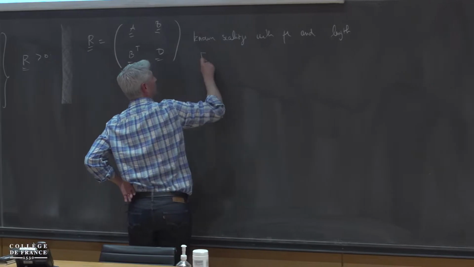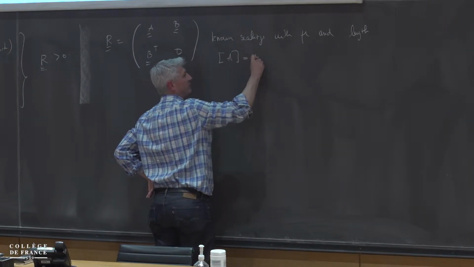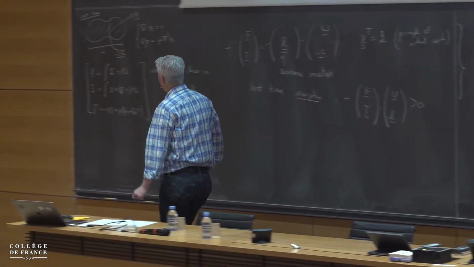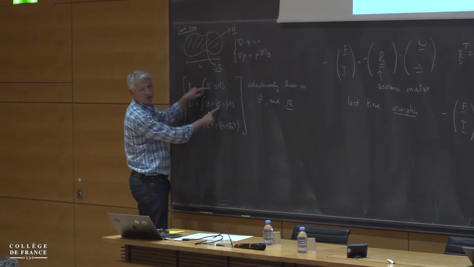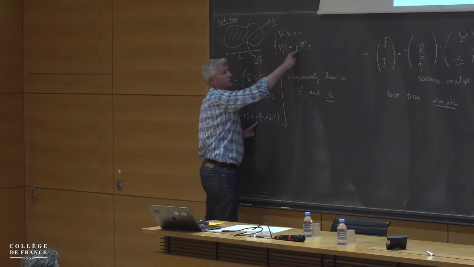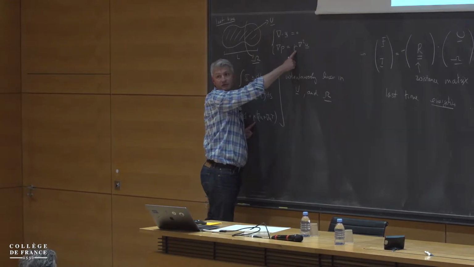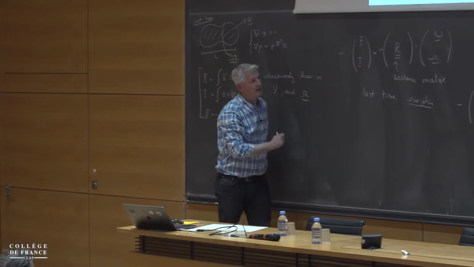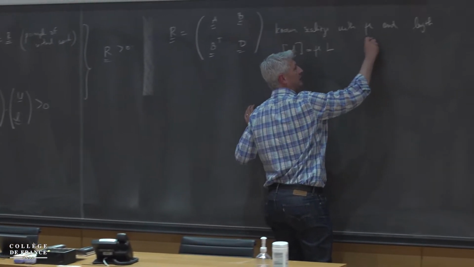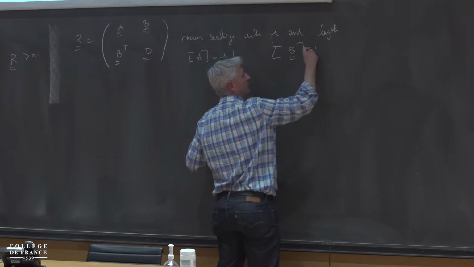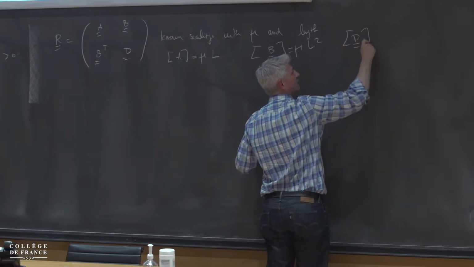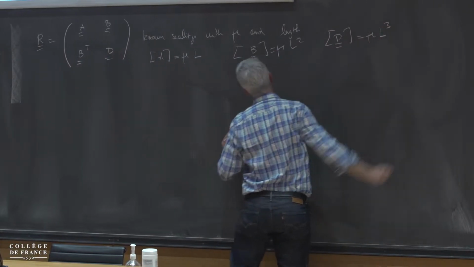In particular, A scales linearly with mu and length. It scales linearly with mu because it's a force and a torque, therefore it's a stress. And the stress scales with the viscosity, or the pressure, but the pressure also scales with the viscosity, so everything scales with the viscosity. From dimensional analysis, you can get that it's one length scale. You can also get that B scales with mu times the square of a length, and D scales with mu and the cube of a length.